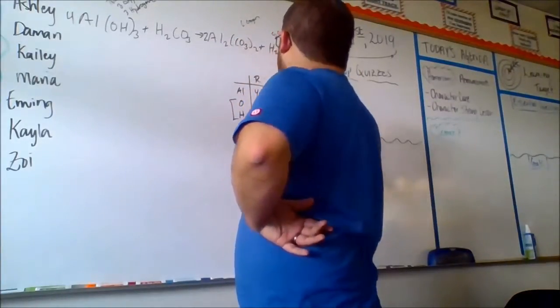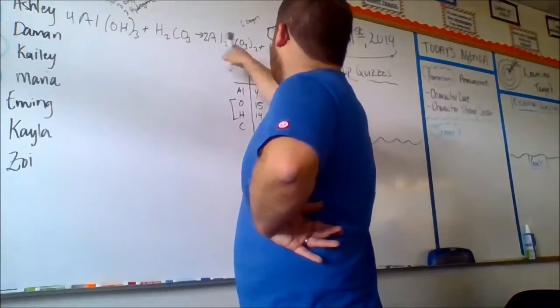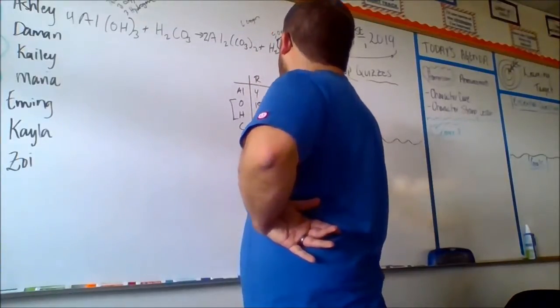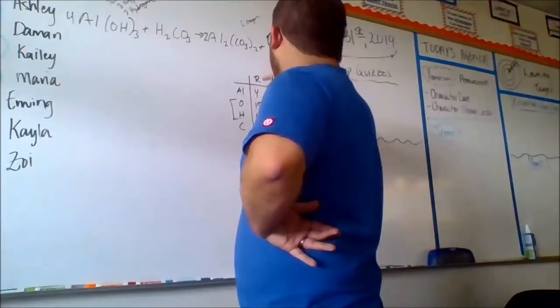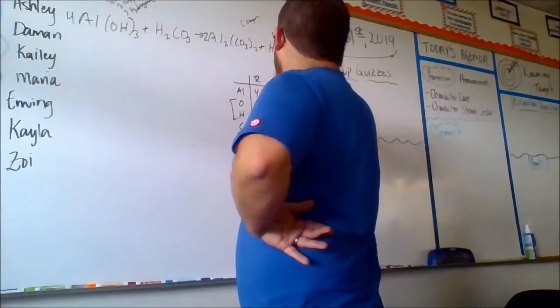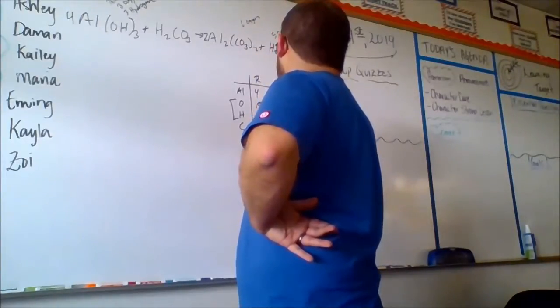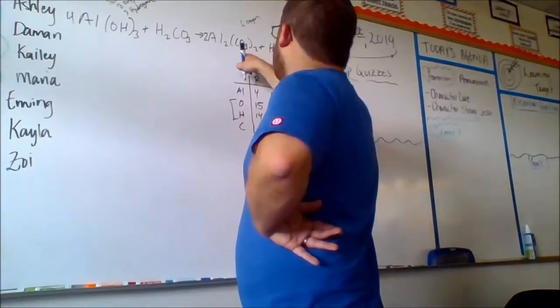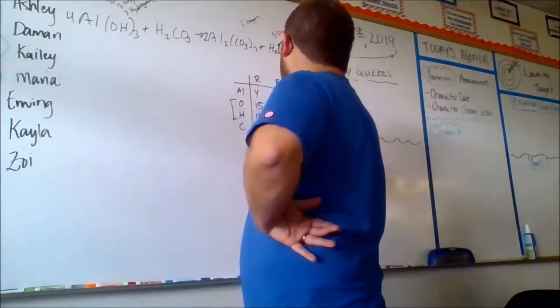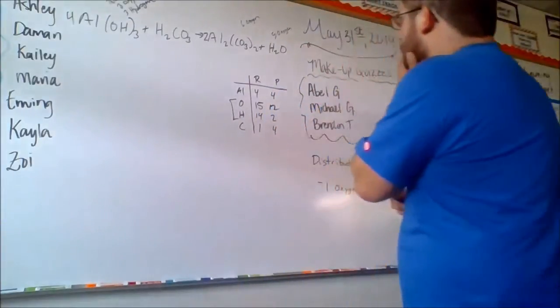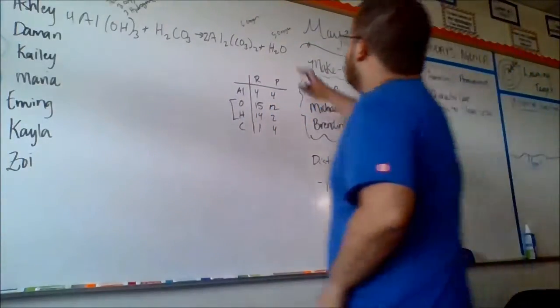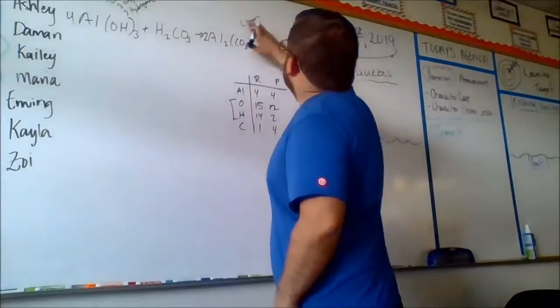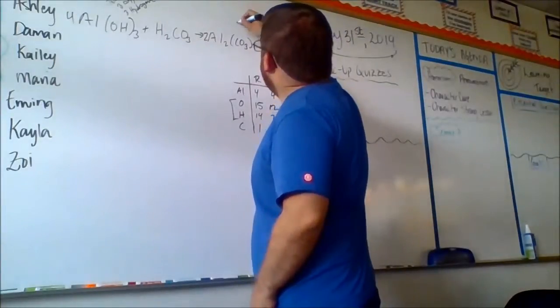We've got 2 carbons times 2, that's 4 carbons. There's no hydrogens there. We currently have 2 hydrogens here. And we also have 6 times 2, that's 12 oxygens there. Okay, so just a little bit of bookkeeping, so that way we know where we're at.